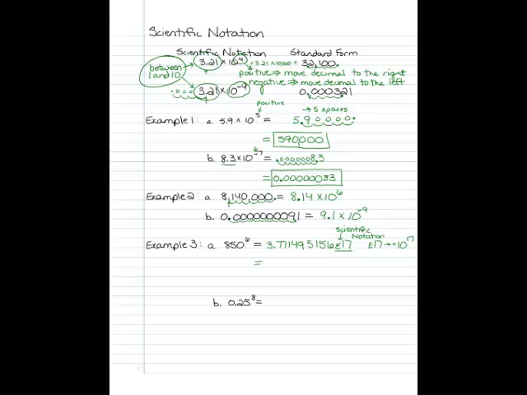So what you have here is 3.771495156 times 10 to the 17th power. So this is going to be a very, very large number. So we want to start by just writing the number itself, 3.771495156. That's as much as the calculator can give you. Now the decimal point, you want to move it 17 spaces to the right.